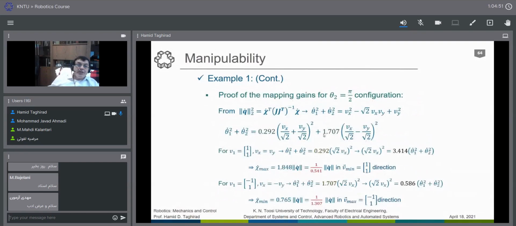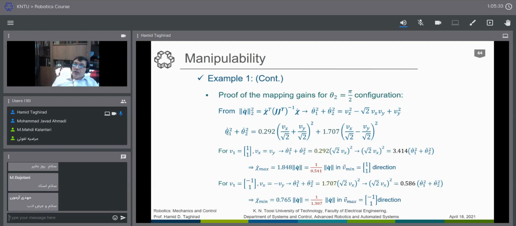Now, what would be the maximum value or the minimum value? We can show in here, since we have eigenvector 1 and eigenvector 2, this we call V min here, and this we call V max. We can see that if the direction that we are moving our hand, if Vx is equal to Vy, if in the task space we have a particular direction that Vx1 is equal to Vx2, this is in this direction, so this becomes 0.